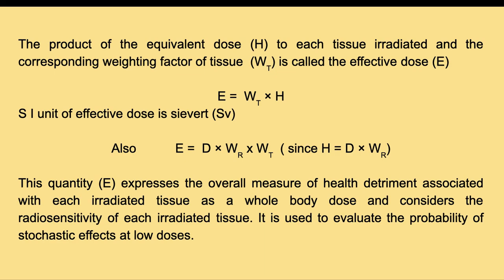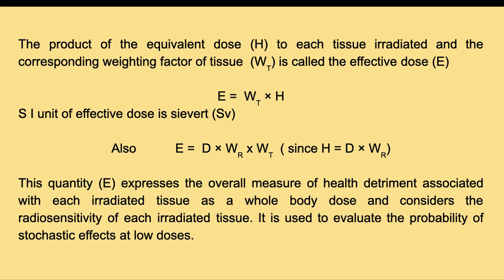Then the effectiveness depends on the type of radiation. That is why you have the equivalent dose, and the equivalent dose you write as a weighting factor for the type of radiation times dose. So H equals WR times D, or D times WR.